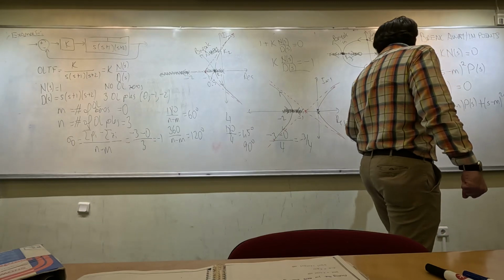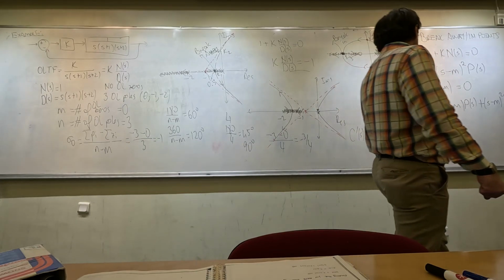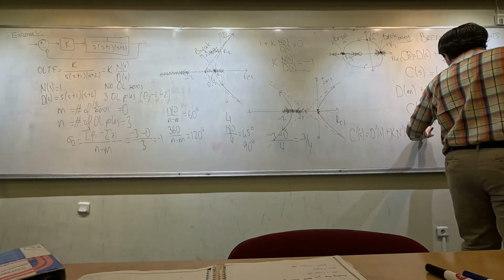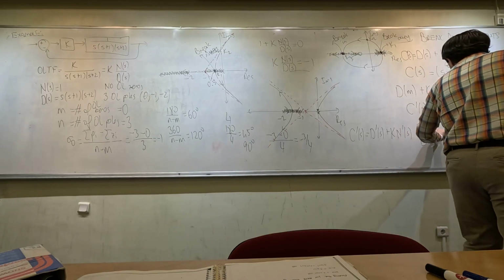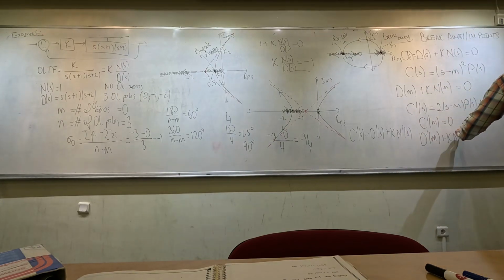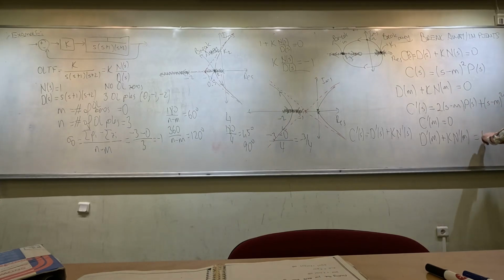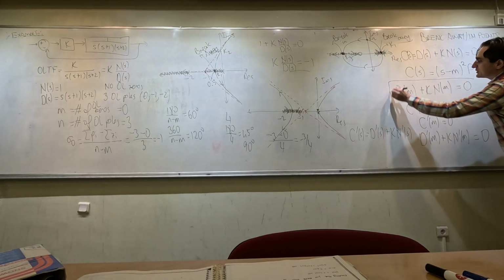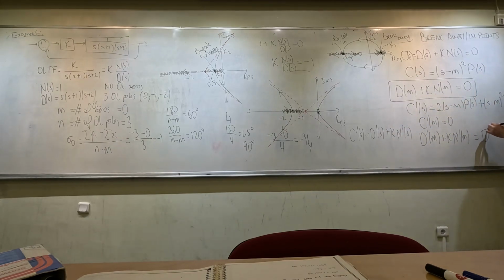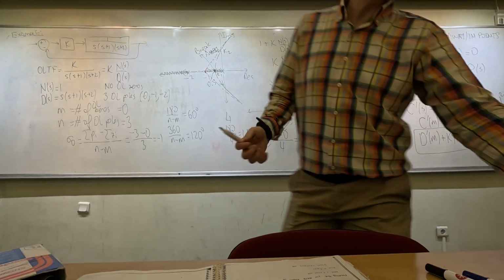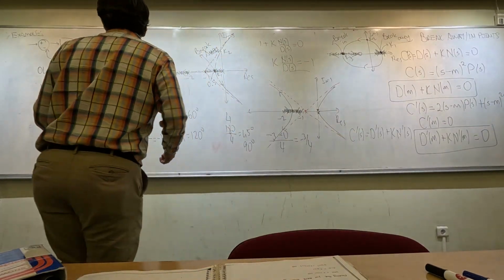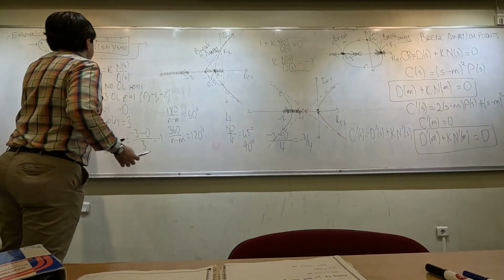I can substitute here s equals m, which is going to give me the following: D prime of m plus k N prime of m is equal to 0. So this is my first equation to locate k and m, and this is the second equation to locate k and m. And now using these equations, I can try to solve for these numbers.